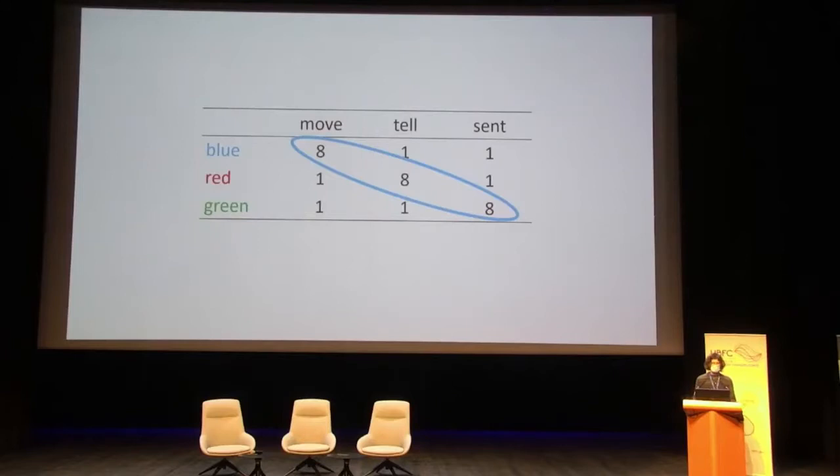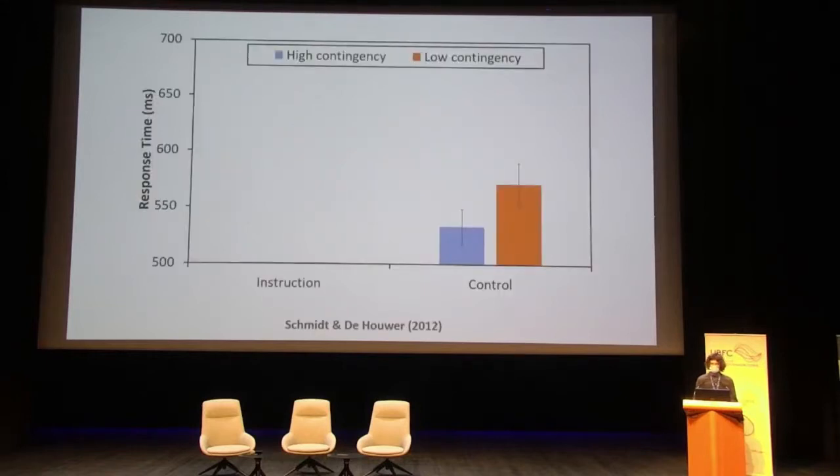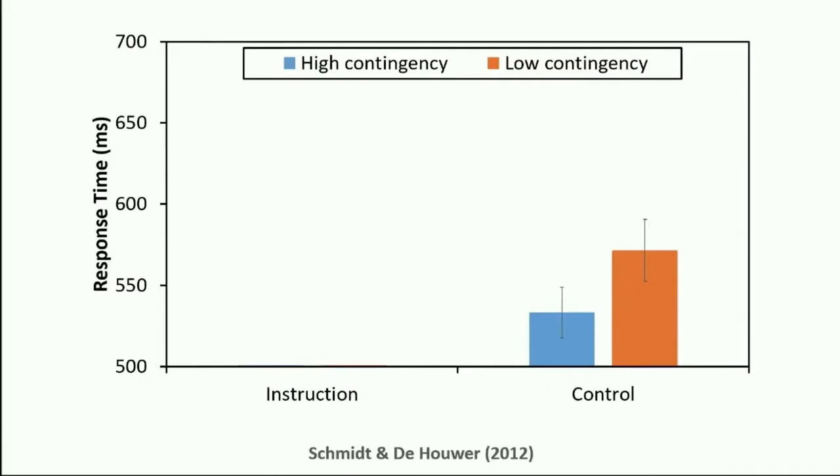So this indicates that the participants have learned the regularities in the task, and these regularities have a sort of automatic influence on their behavior. Here we can see an example of that. In blue, the high contingency trials, participants respond faster to those than to the low contingency trials.